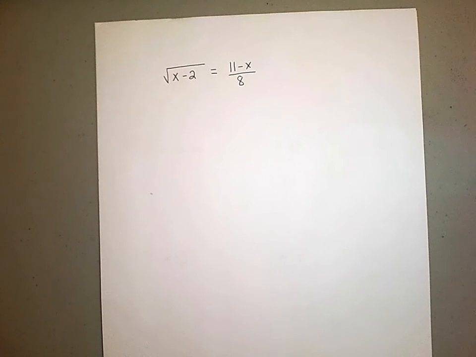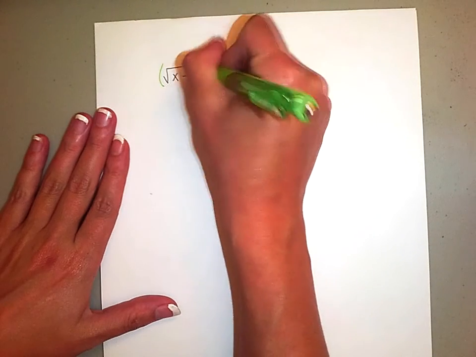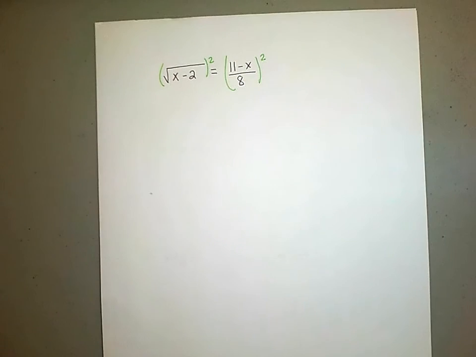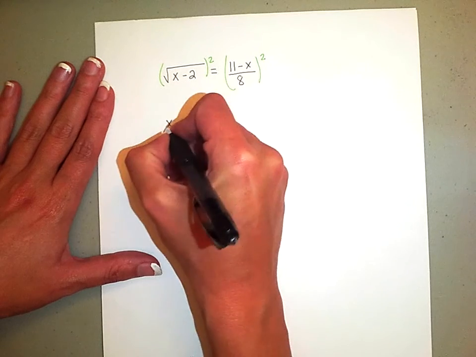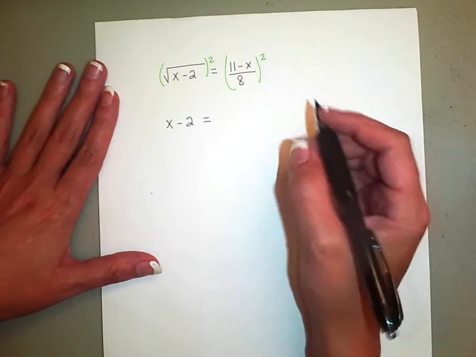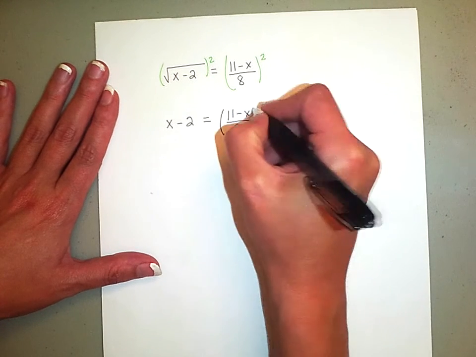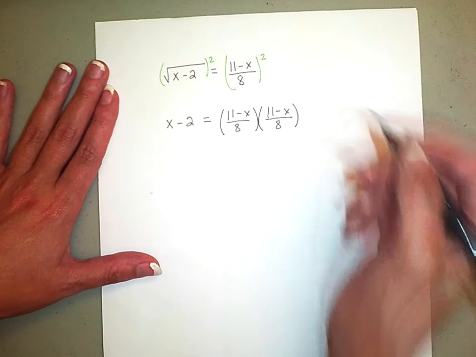Now that radical is isolated, let's square both sides. The squaring and the square root will undo each other, so we have x minus 2 is equal to 11 minus x over 8 times 11 minus x over 8.